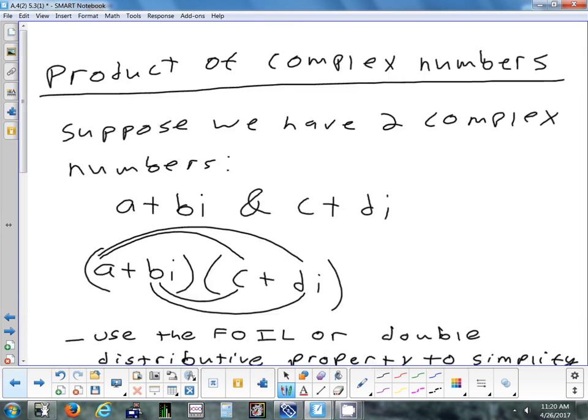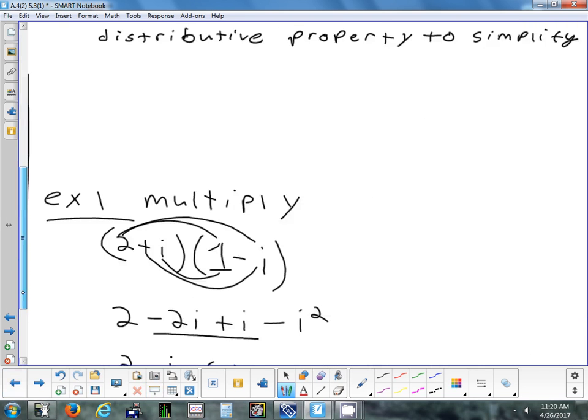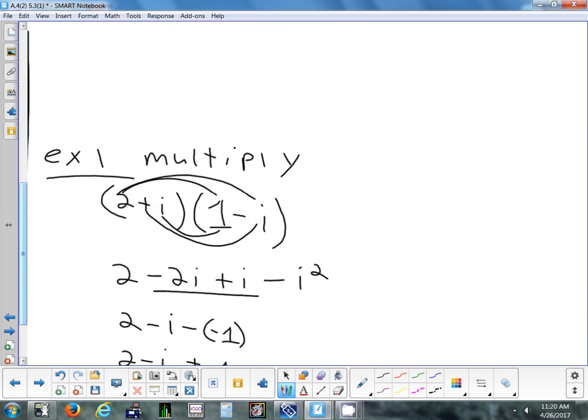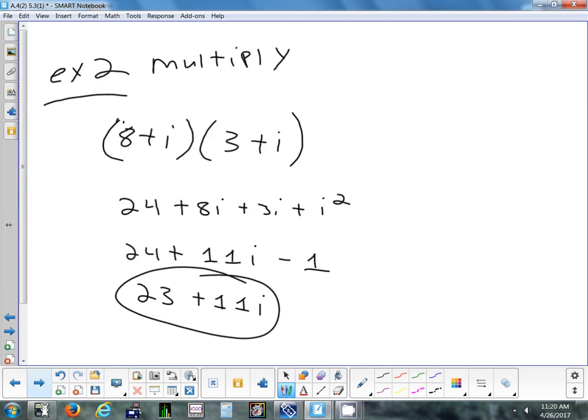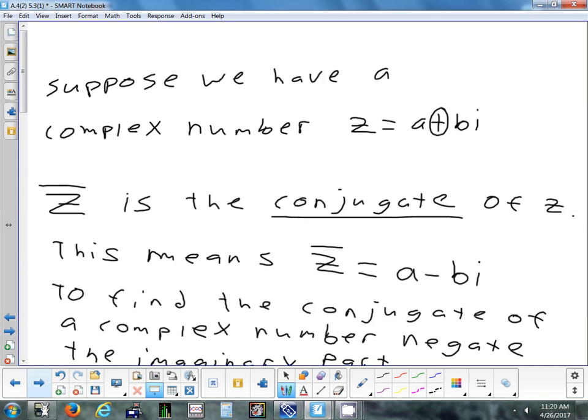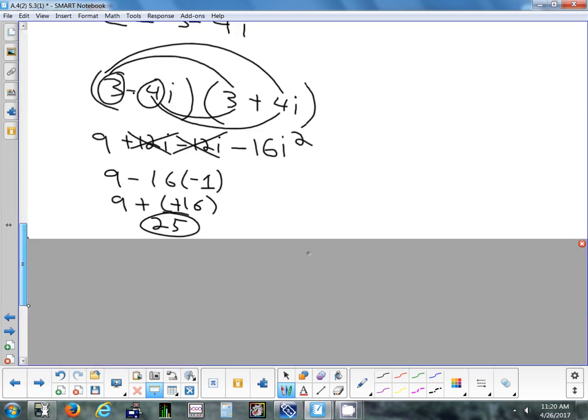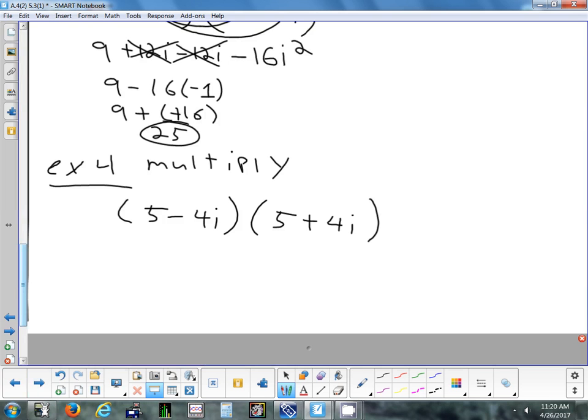That trick only works if you're going to do conjugates. If you wanted to multiply something like this, you still have to do it out the long way. These are not conjugates. Okay, but conjugates, there's a shortcut, and that's what I just showed you. So, if I was going to multiply these together without foiling, what 2 numbers would I be adding together? 25 and 16, which is how much? 41.